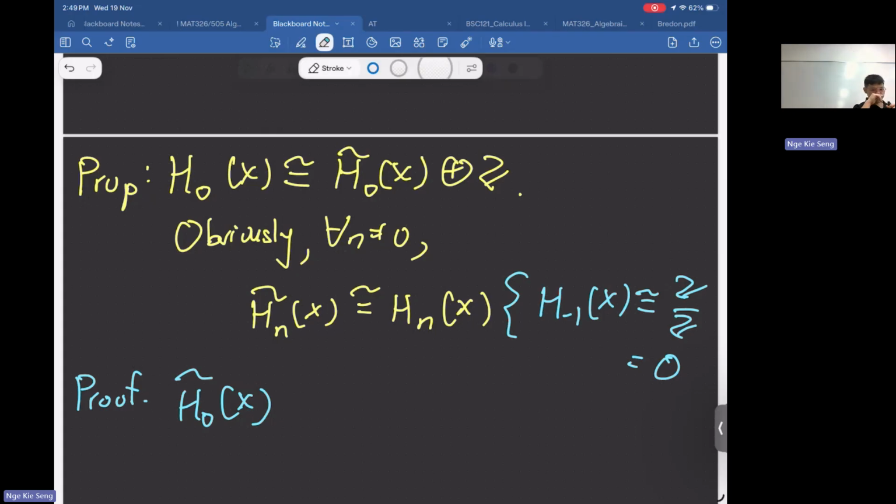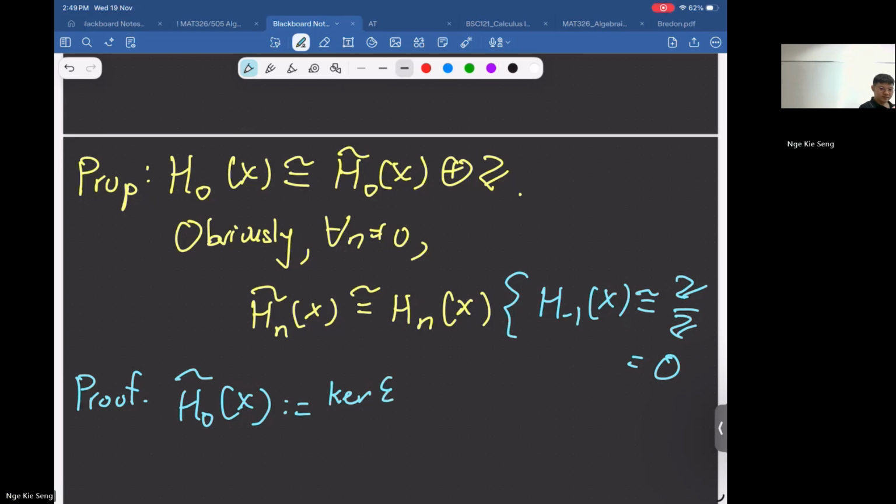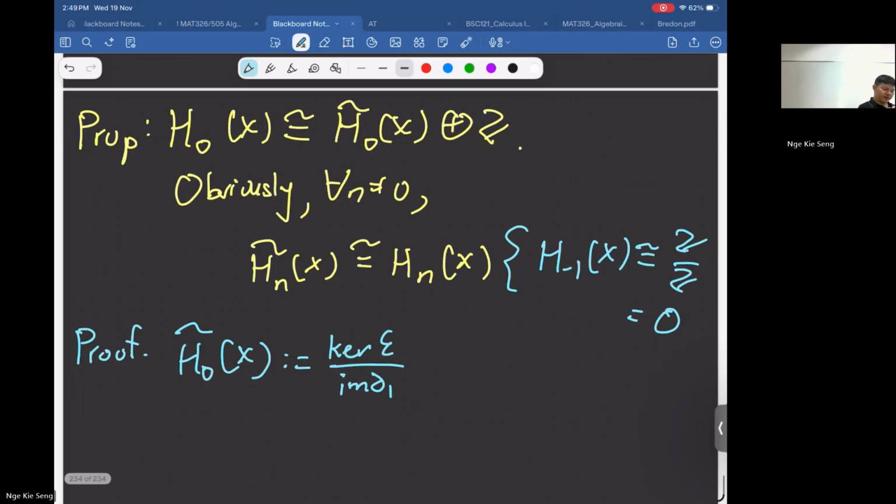So the point here is this is defined to be the kernel of epsilon over the image of I. Okay. Then how do we show this?